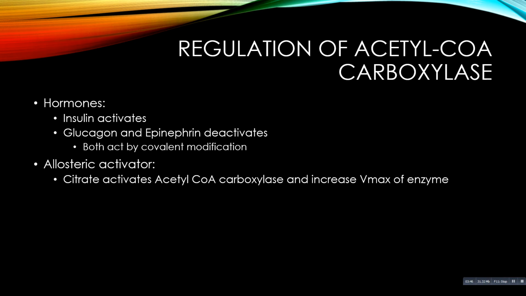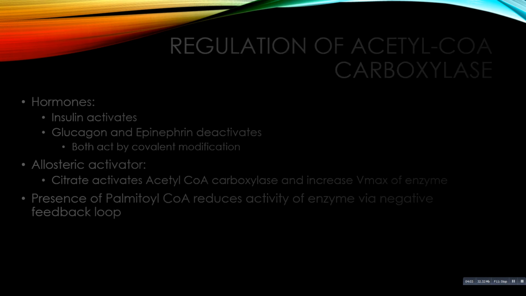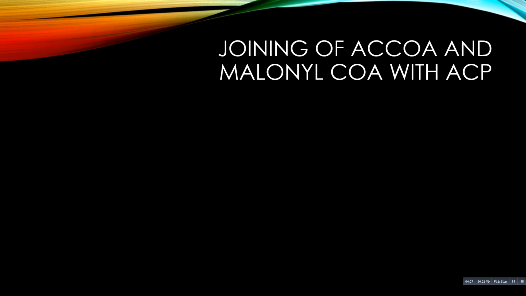There's also allosteric activation that occurs from citrate, which is a product of the TCA cycle, and increases the Vmax of the enzyme. And there's also regulation to prevent an overabundance of fatty acid synthesis, and this occurs by palmitoyl-CoA acting in a negative feedback loop for the reaction.